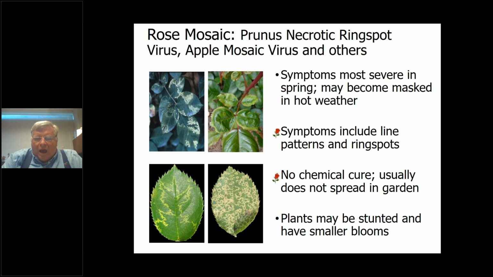Symptoms often include line patterns and rings, ring spots. There is no cure. The good news is this is a disease that is spread in propagation, so it's usually not a problem in the garden of spreading from one bush to the other. Some cultivars are less tolerant of rose mosaic than others, and the ones that are less tolerant may be stunted and have smaller blooms.